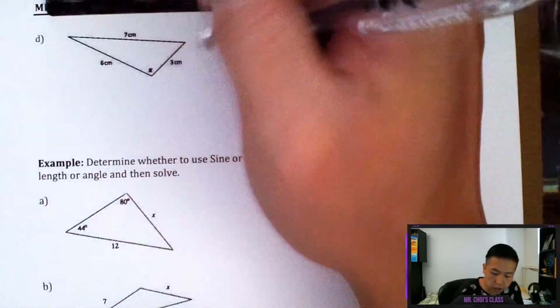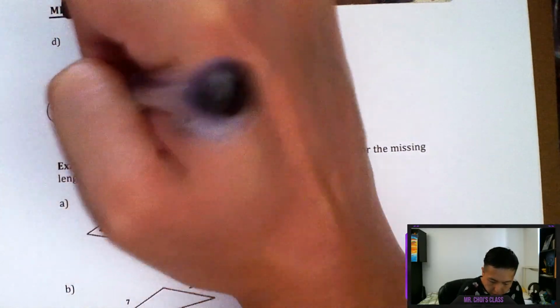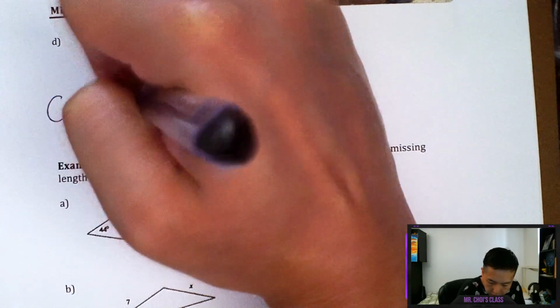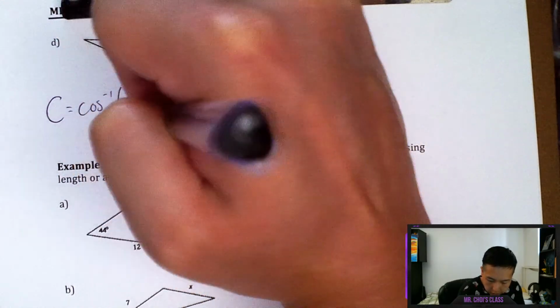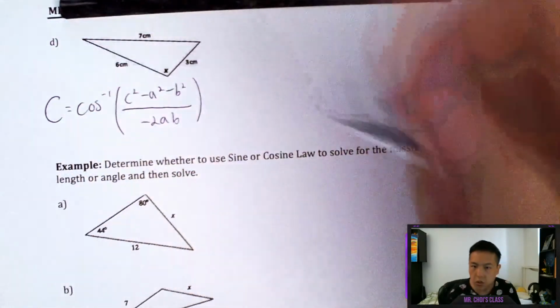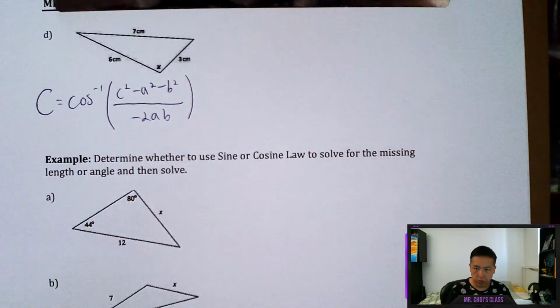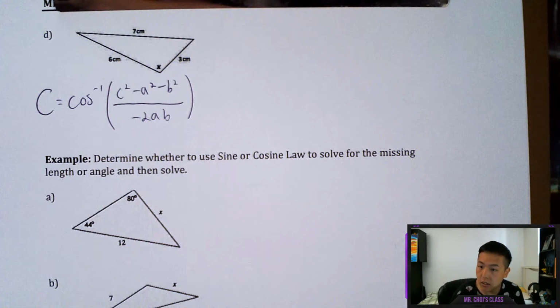So once again, the new formula here. C is equal to cos inverse of c squared minus a squared minus b squared all over negative 2ab. So there's our formula. So try plugging this in, and then we'll figure this out. So I'll give you 3 minutes. Should be enough to do the math. Okay.